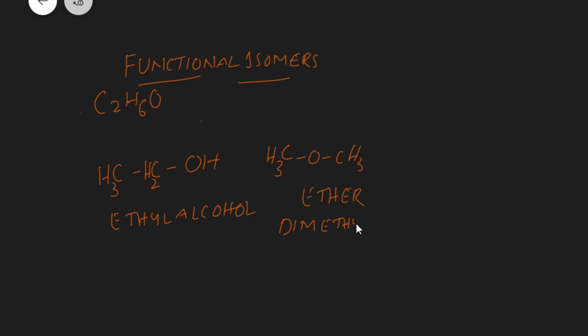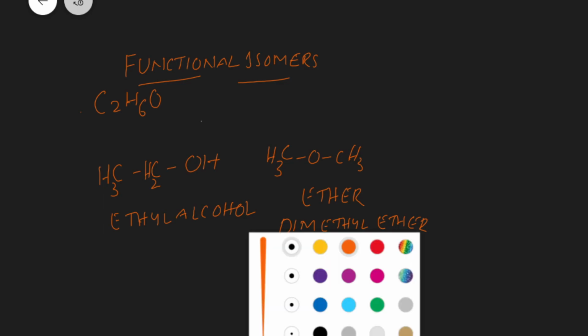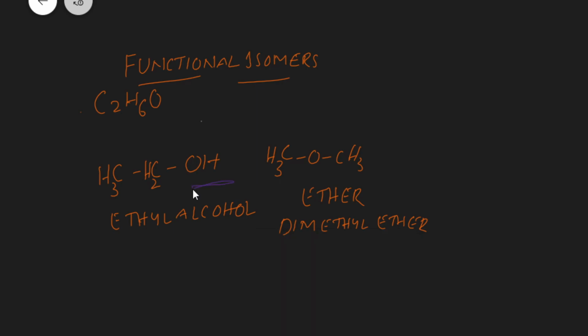So here in this case, we have developed a functional group difference with the same molecular formula. One is alcohol. The first one that you are looking at here, I will highlight it in a different color just to have a look. That's your alcohol. This OH is alcohol, and here it is ether.